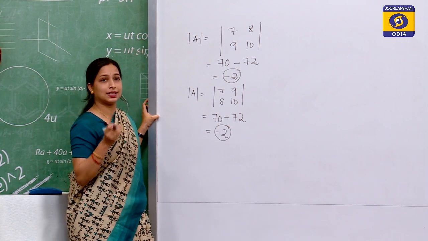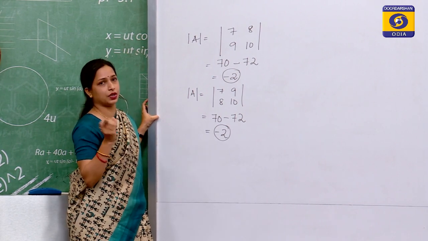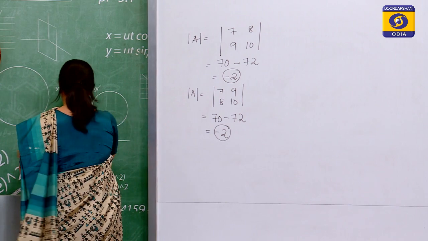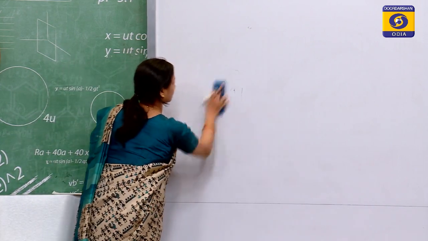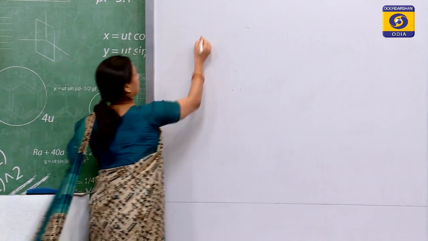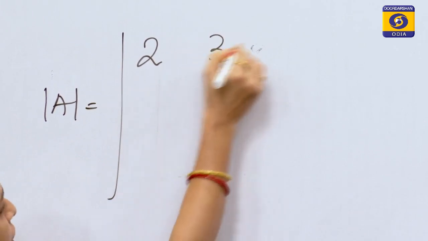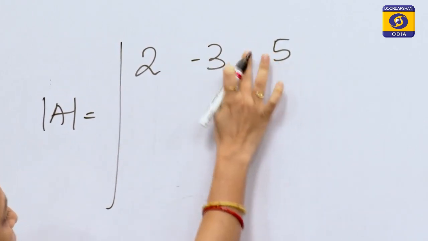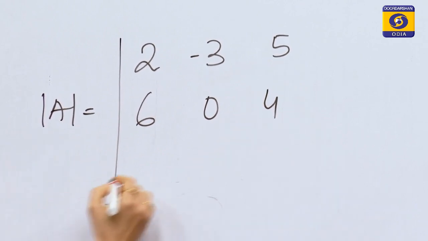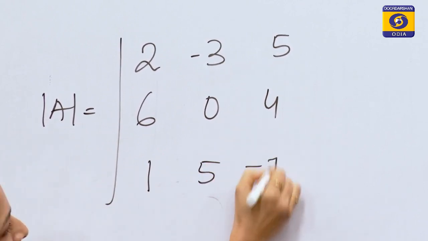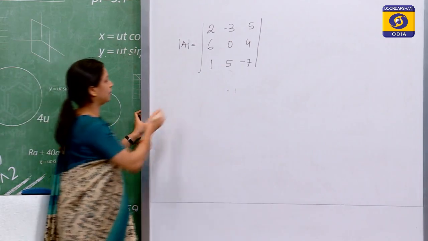Now, let us take the same property and explain it with the help of an order 3 determinant, right. So, let me take an order 3 determinant and let us find out the determinant of this order.